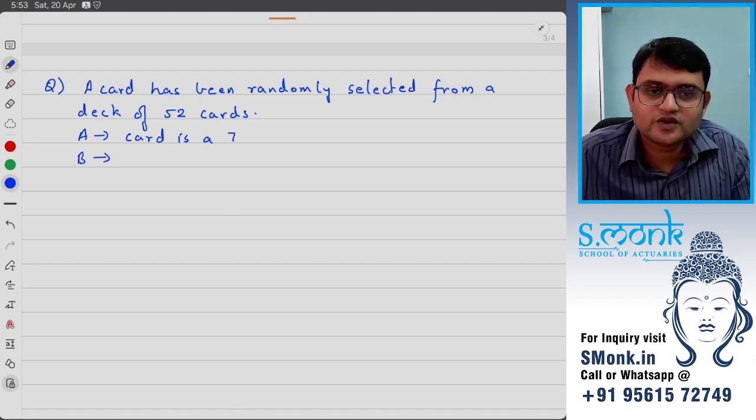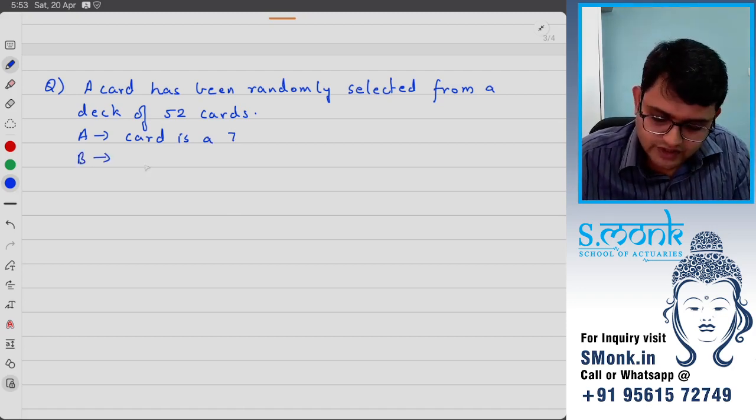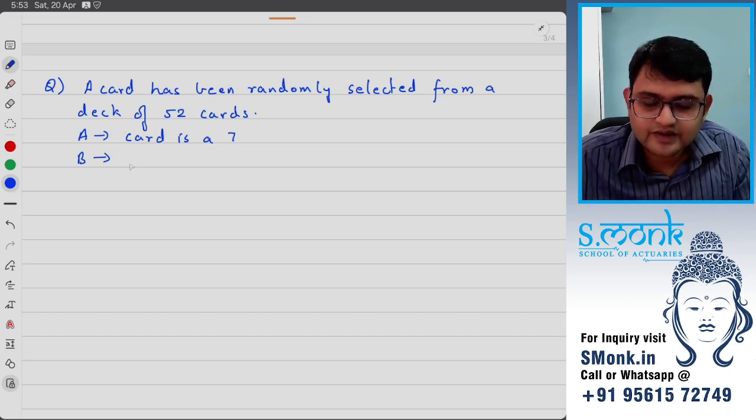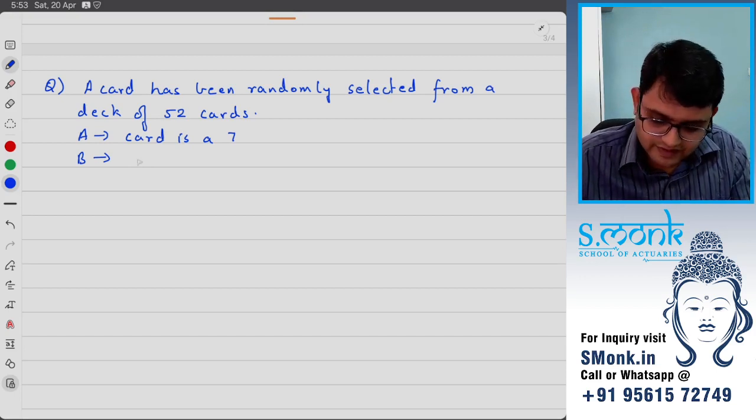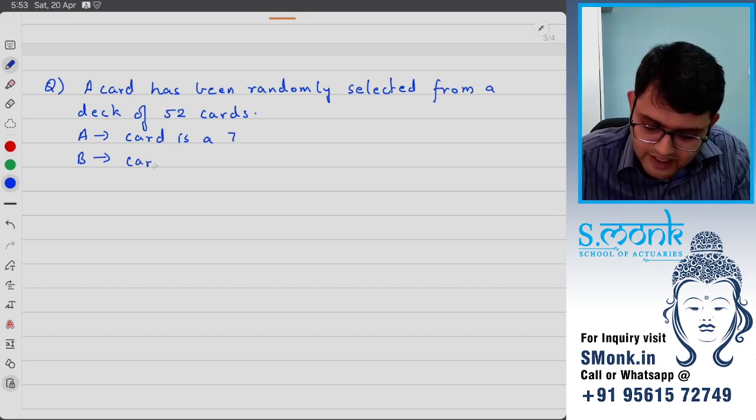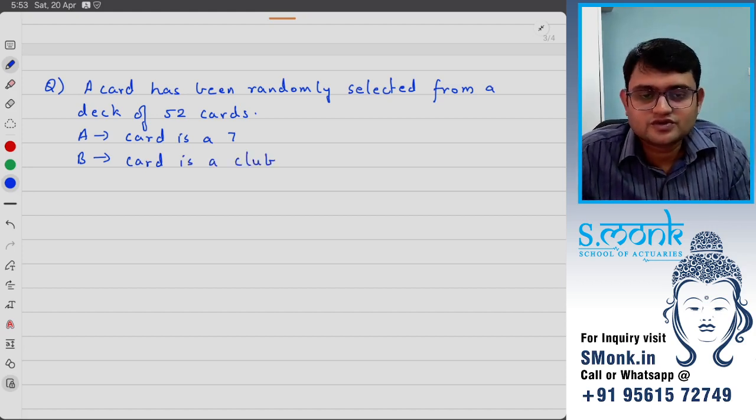We are talking about a deck of 52 cards, randomly selecting a card. Event A represents the card is a 7. Event B represents the card is a club.